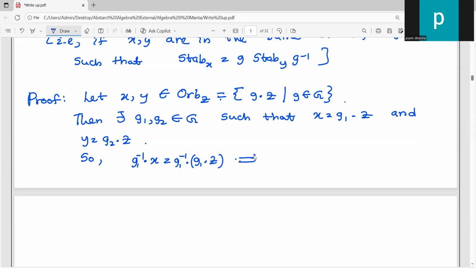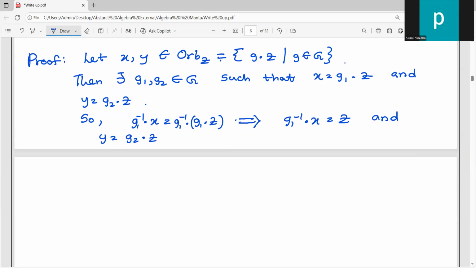Right, and this implies that the right hand side of the equation would simply amount to being z. The left hand side would simply be g1 inverse dot x. So we have g1 inverse dot x equal z, and y is taken to be g2 dot z.